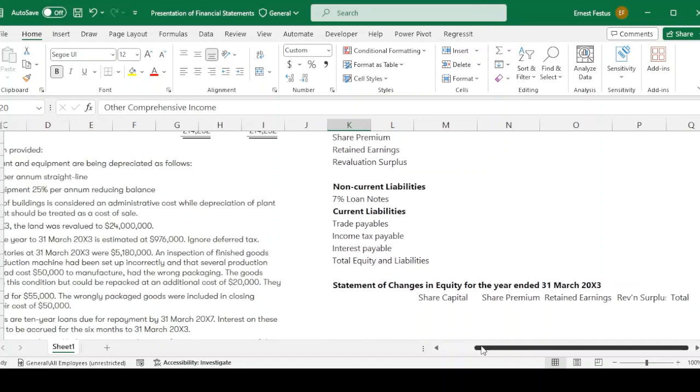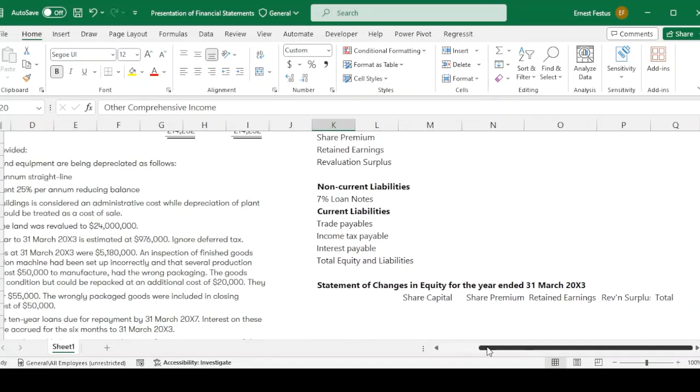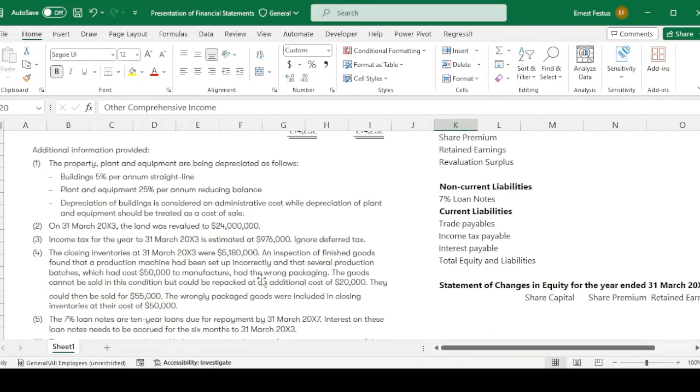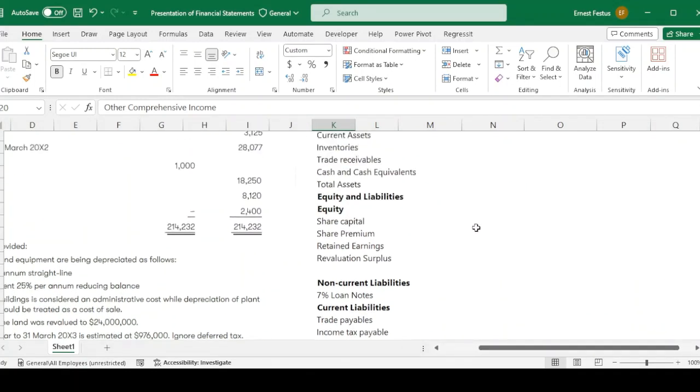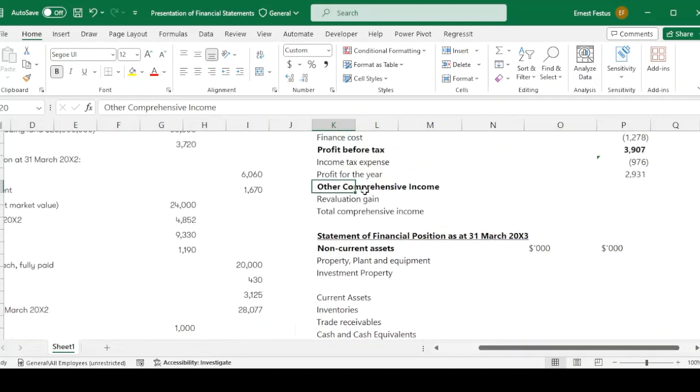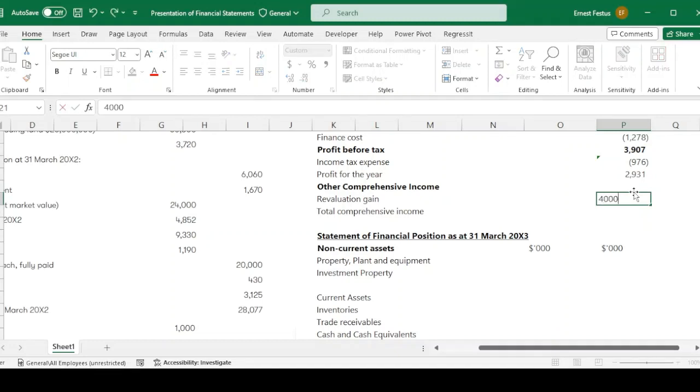So it means there is a revaluation. How much is our land? Our land was costing 20,000 at the end of the year, and now we have revalued it to 24,000. So our revaluation gain is 4,000.